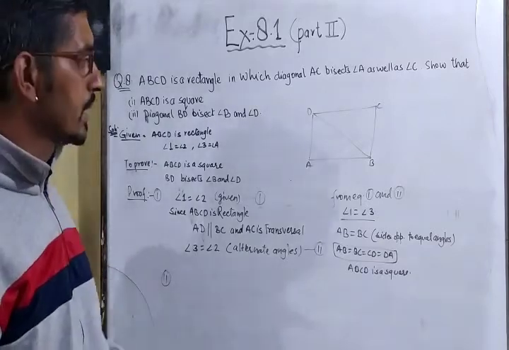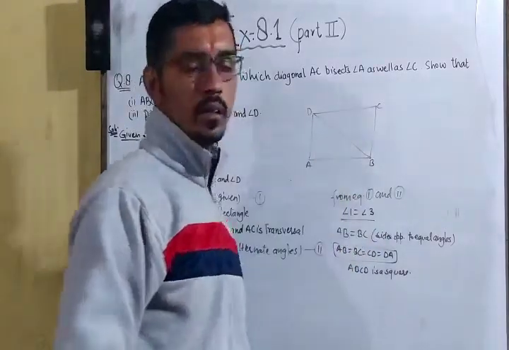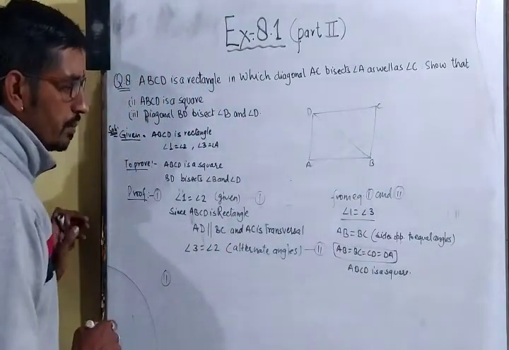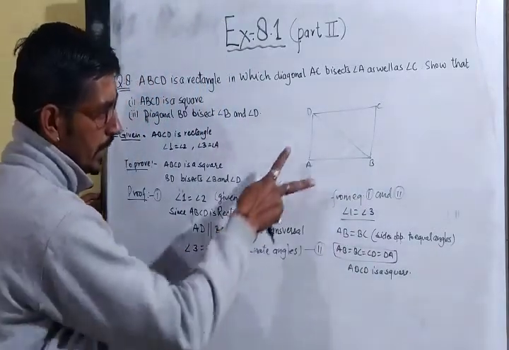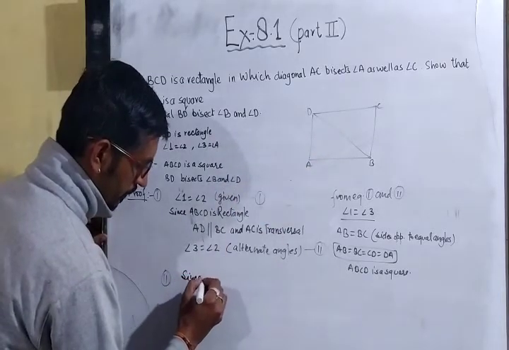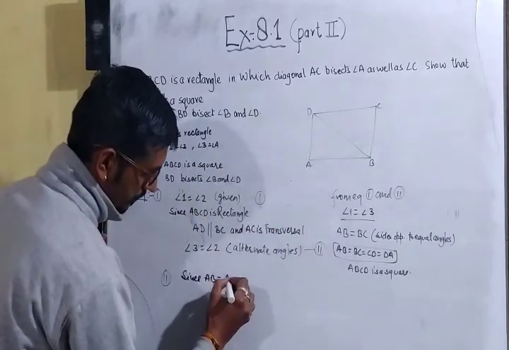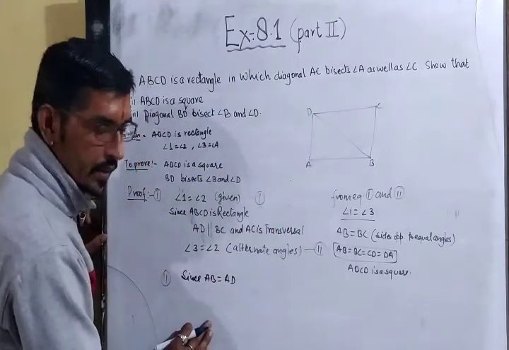Now the second part is, what we have to prove? BD bisects angle B and angle D. Okay, this we have to prove. Now how to prove? Since AB is equal to AD, what can we say?